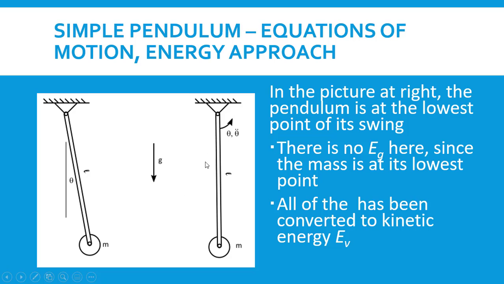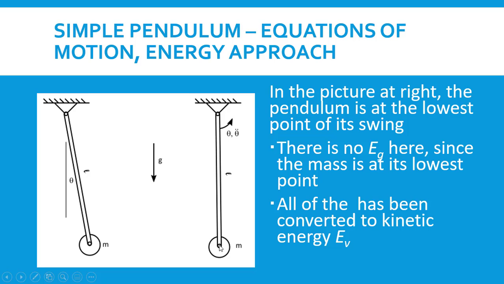On the right, we show the pendulum in its vertical position. So it's swung down from the highest position, and it's going through the vertical position here in the picture on the right. It's at its lowest point. Now you can set your reference point for gravitational potential energy to wherever you want it, but most commonly that's set to be the lowest point that the mass passes through in the system.